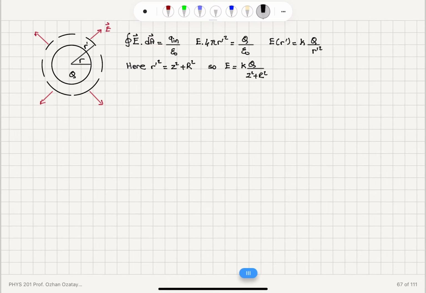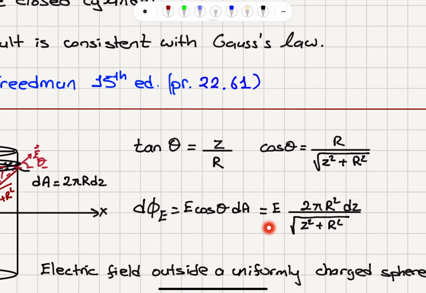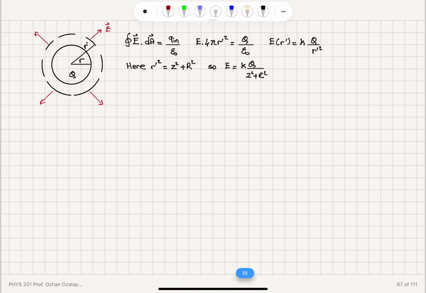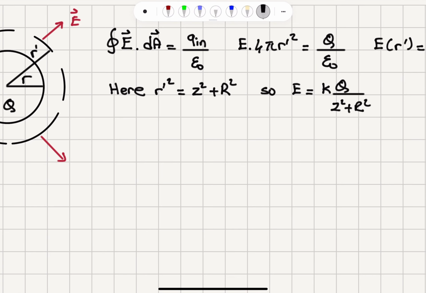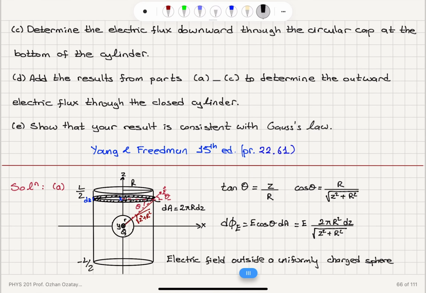Then I can substitute this result into my flux expression for d phi e. So for d phi e, I have the electric field kq over z square plus R square multiplied with this.